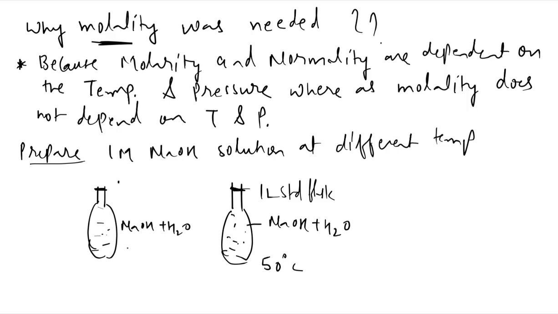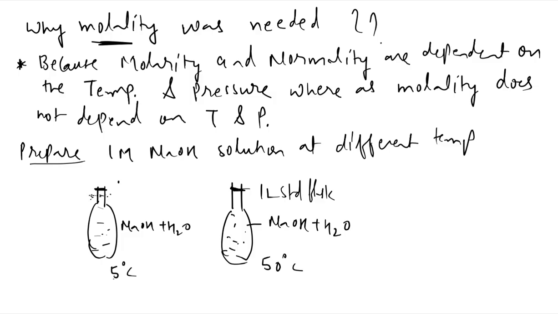Now, when you are preparing the same solution at a little bit lower temperature, let's say 5 degrees Celsius, then you will realize that the volume of the total solution has been reduced. Maybe by a bit, almost negligible, but it will not coincide with the exact volume.